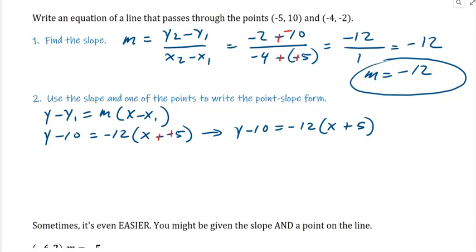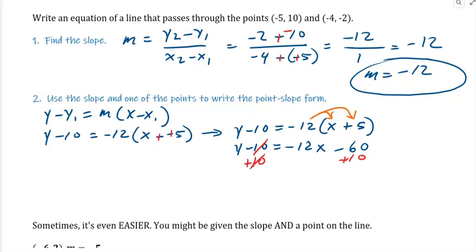Now, if we wanted to, again, we could change this into slope-intercept simply by distributing the -12. So y minus 10 equals -12 times x is -12x, and -12 times +5 is -60. We get the y by itself over here, so I'm going to add 10 to both sides.